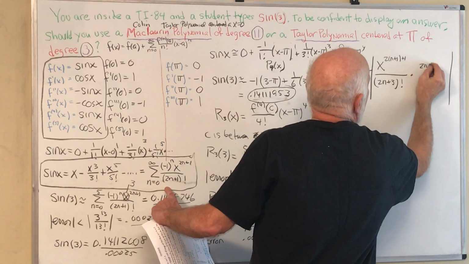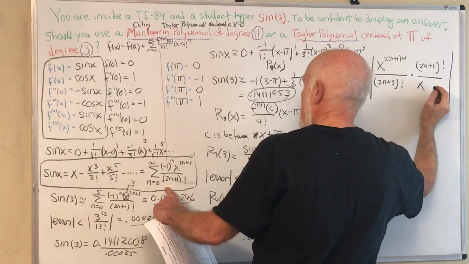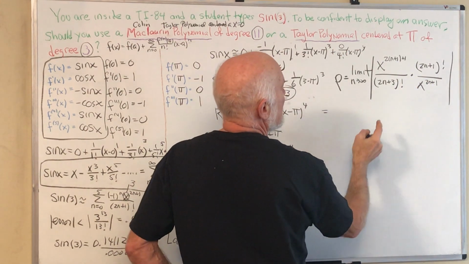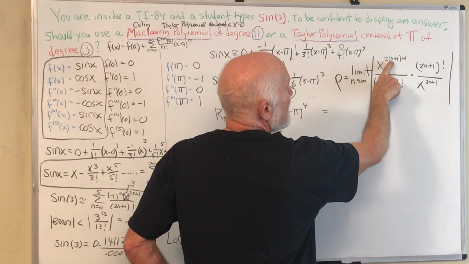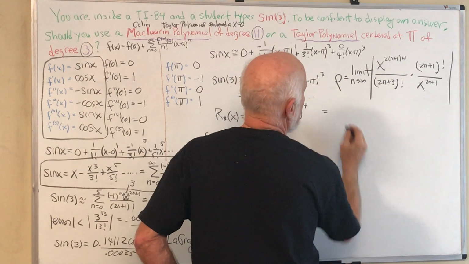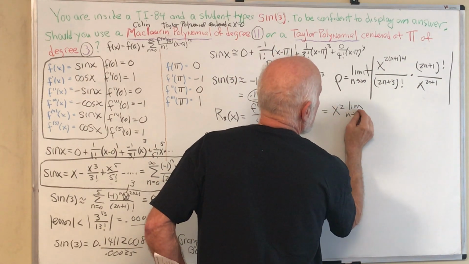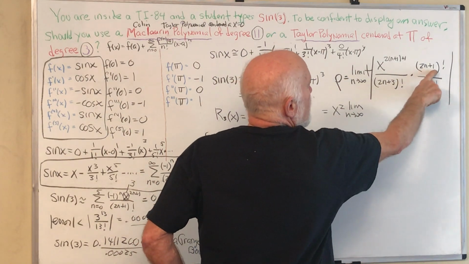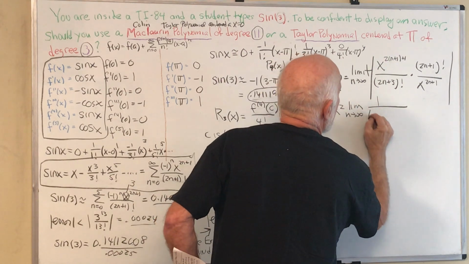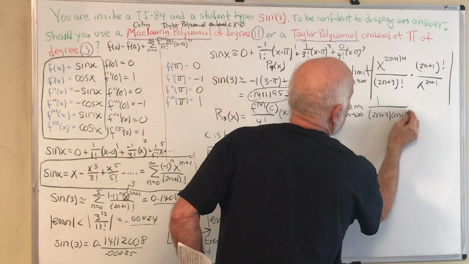So you get 2n plus 1 factorial over x to the 2n plus 1. And you can take out a x squared. X to the 2n plus 3 over x to the 2n plus 1 is x squared. And you have the limit as n approaches infinity. 2n plus 1 factorial over 2n plus 3 factorial is 1 over 2n plus 3 times 2n plus 2.